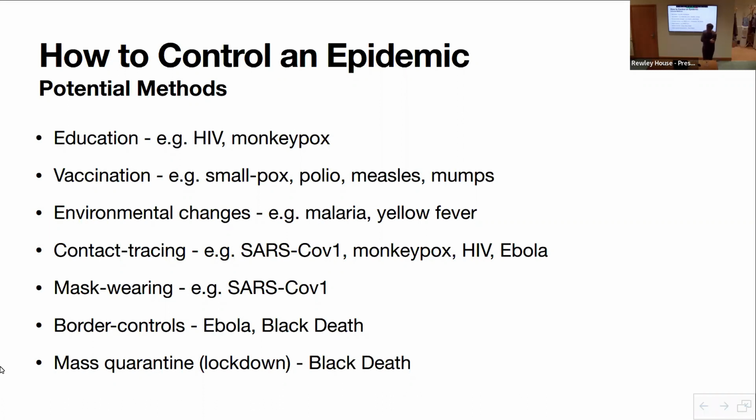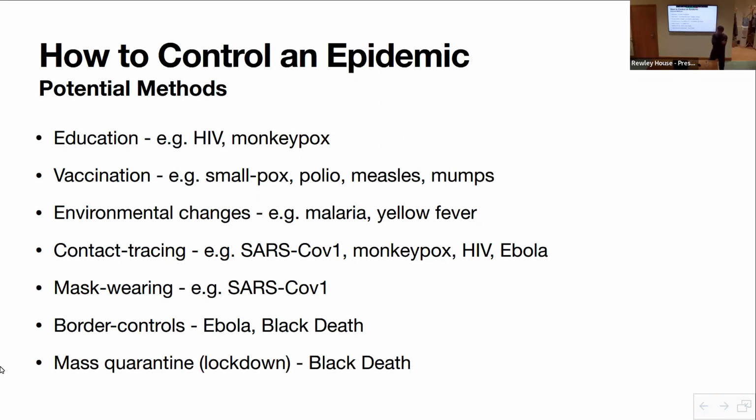Then for a lot of respiratory diseases, mask wearing is incredibly effective. And this is probably one big difference between us here and Asia. The original SARS outbreak in 2003, which was predominantly in Hong Kong and a little bit in China as well, didn't spread that far beyond that.